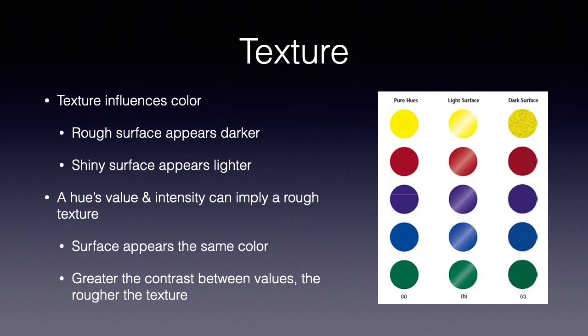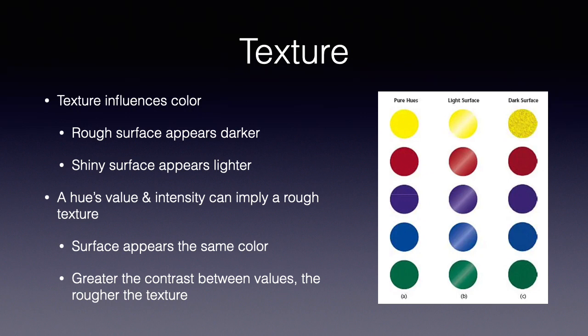But when you apply it to, let's say, a shinier surface, that color yellow appears lighter. And when you compare it to the darker surface, a surface that might be a little bit more rough in texture, you'll see how that color appears to be a bit darker.